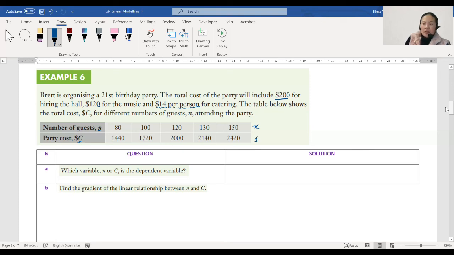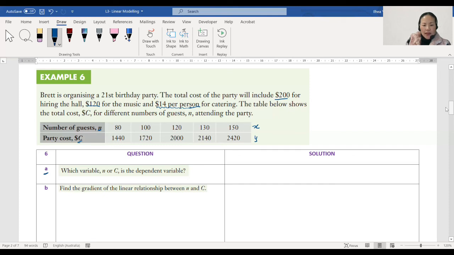So it's independent. Y is depending on the X values. Y value will get bigger or smaller depending on what X value is. So Y is dependent.